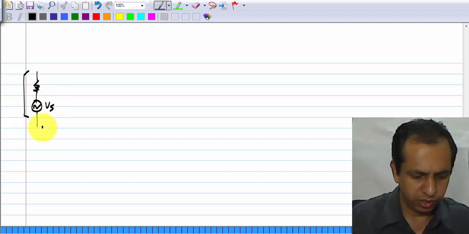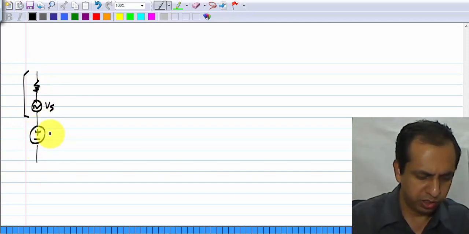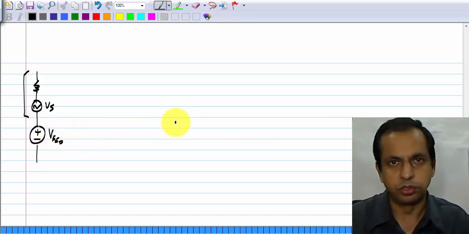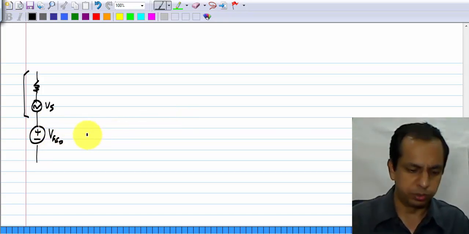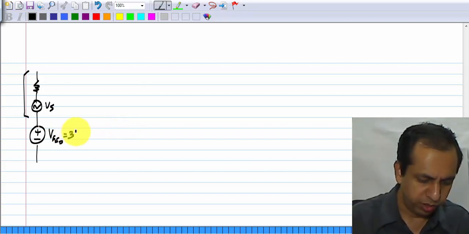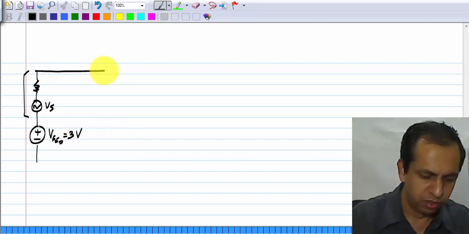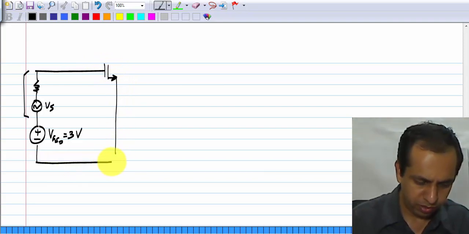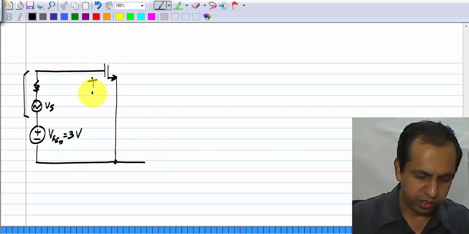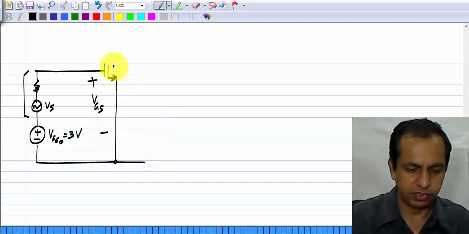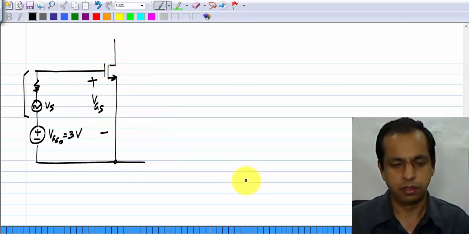The signal source here is in series with the source to set up the operating point voltage between gate and source. In our numerical example, it was 3 volts, and this appears across the gate and source of the MOS transistor. Okay.